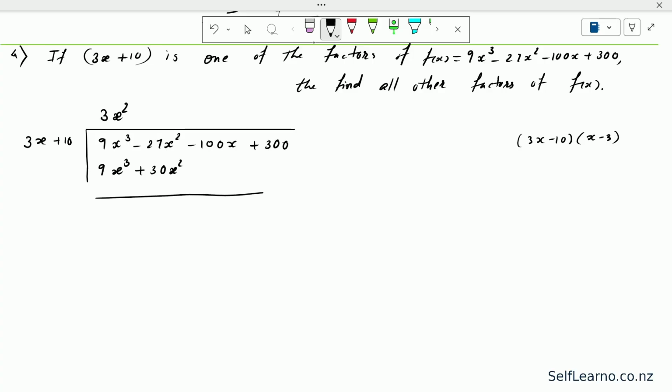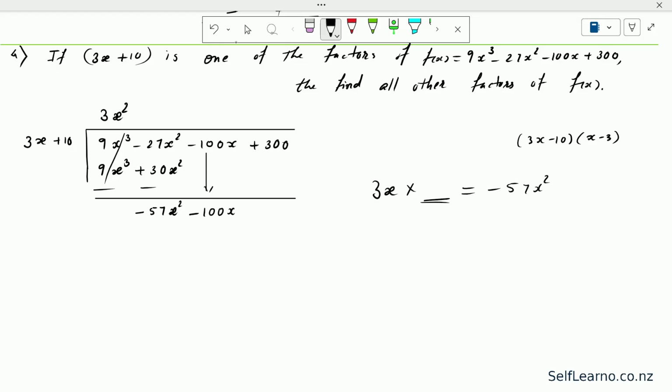Now subtract the lower polynomial from the upper one, that means change the sign. Negative 27 and negative 30 gives me negative 57x squared. Bring it down, negative 100x. Okay, so I have this 3x and I want to obtain negative 57x squared.